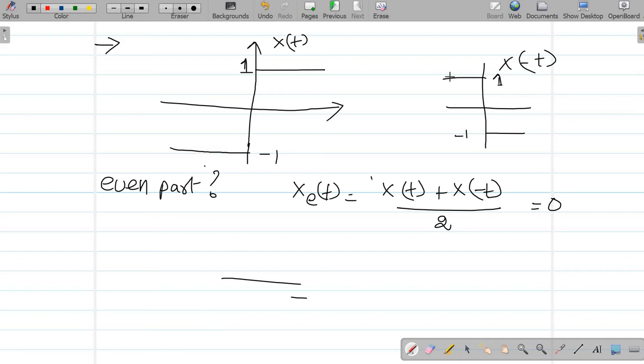So this part and this part, when you add these two and when you add these two, this will result in 0. So the even part of the function is 0.